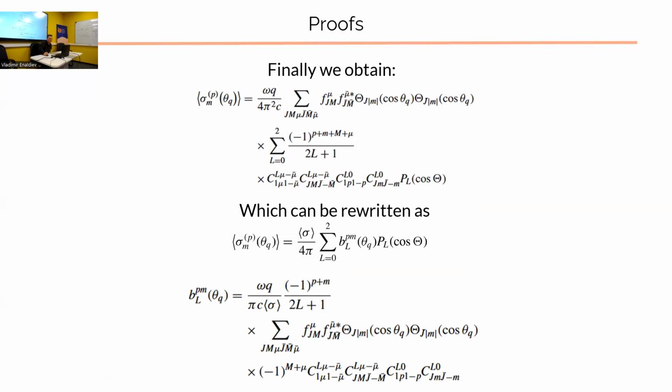somewhere, and there is a sum over L from 0 to 2 over this Legendre function, and this rather complex formula can be rewritten in the following form. The coefficients B are given by this sum. Okay, that's how we obtain this formula, and using this exact representation of coefficients B, we can study chiral symmetries of these coefficients B, and that's how we obtain the main results of our work.